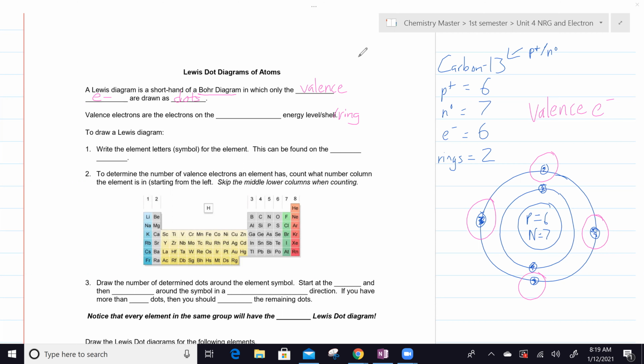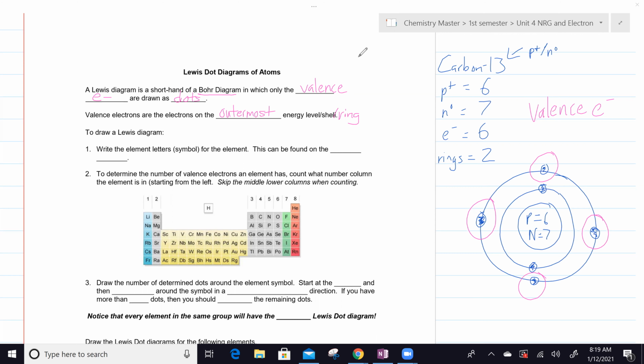In this case it's the second one, but the only reason I didn't say the second one is because maybe you have 3 rings, or maybe you only have 1 ring, or maybe you have 4. So it's the one on the outermost ring or energy level or shell. Remember, all those words mean the same thing.